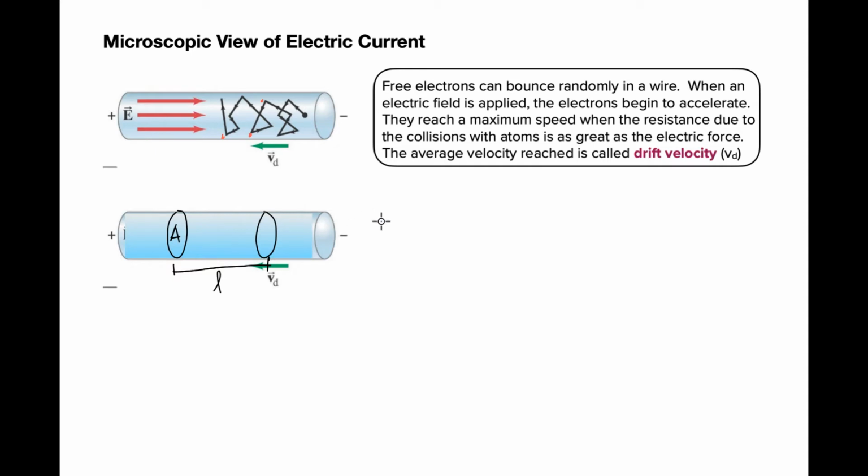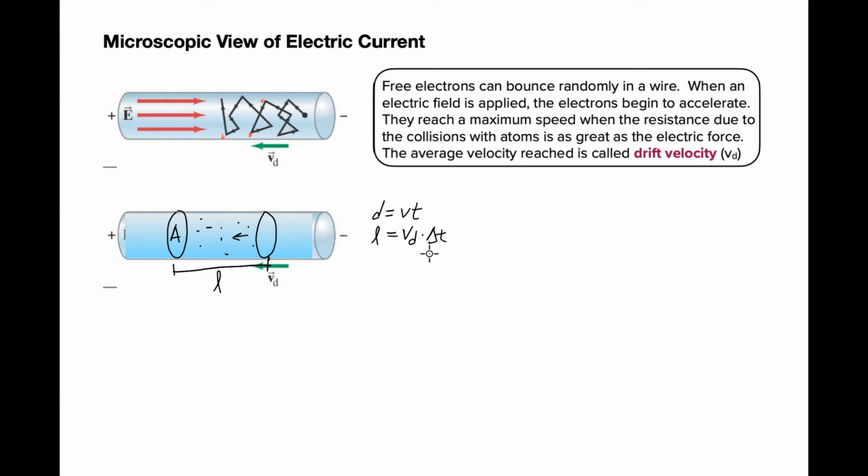Let's first talk about what L would be. We know that distance equals velocity times time. This length, so I'm going to change my D to an L, would be equal to the drift velocity times time. If this was a bunch of electrons here that have a motion, then these electrons would travel this distance L if we knew the drift velocity and some amount of time.